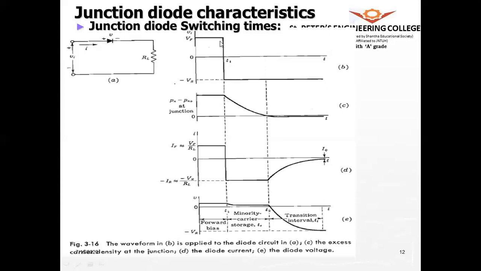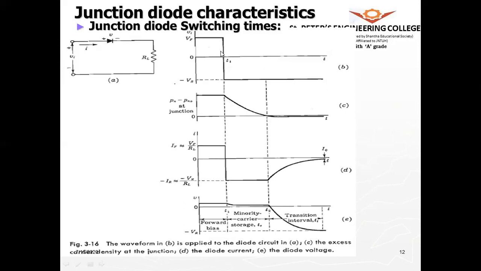Though the voltage has immediately fallen from positive to negative, the charge does not immediately become zero. It takes some time for the charges to flow back and become zero. So therefore, this time is a very crucial time.